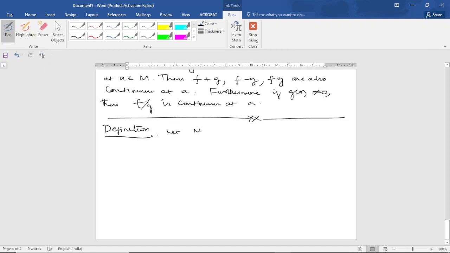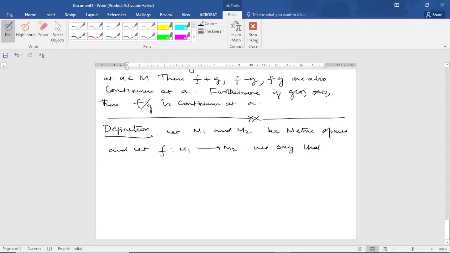Let M1 and M2 be metric spaces, and let f be a function from M1 to M2.